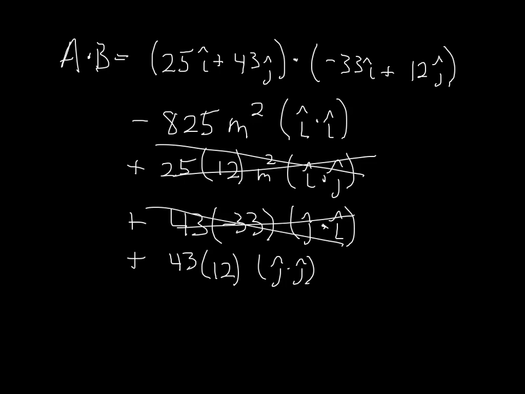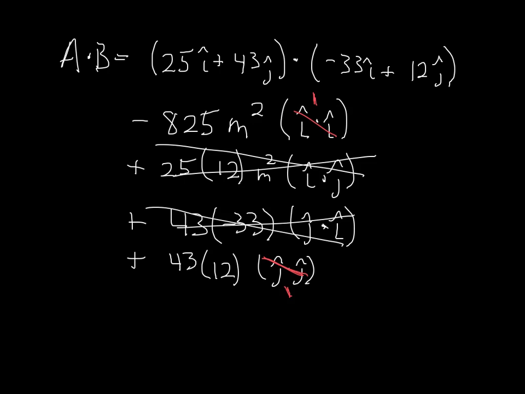I think I already said this: i dot i is 1. j dot j is 1. Any unit vector dotted with itself is 1. So what's k dot k? 1.